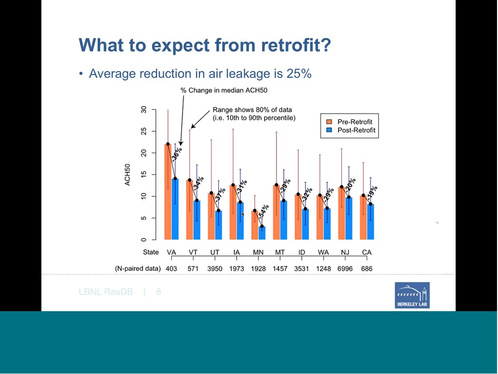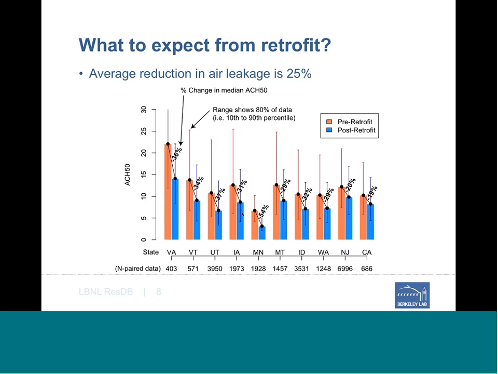The other thing that we're able to observe now is how much retrofit reduces air leakage. We found that on average, the reduction is about 25%. The data sources that contribute to the data I'm showing here include low-income weatherization programs in the U.S. and also utility-sponsored energy efficiency programs.